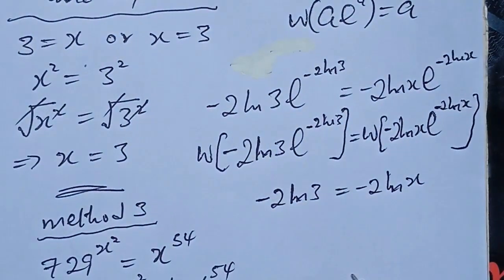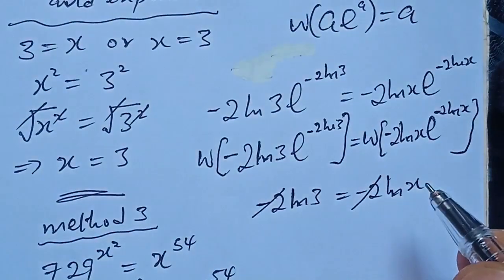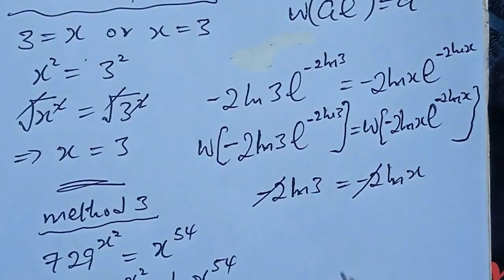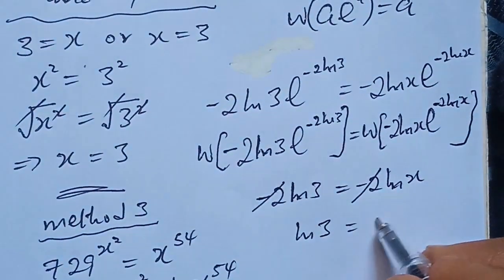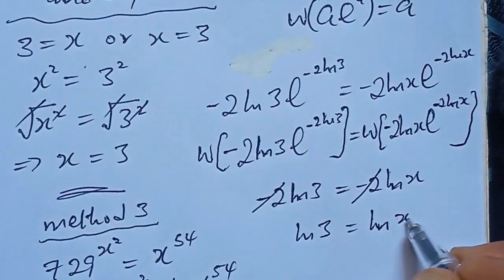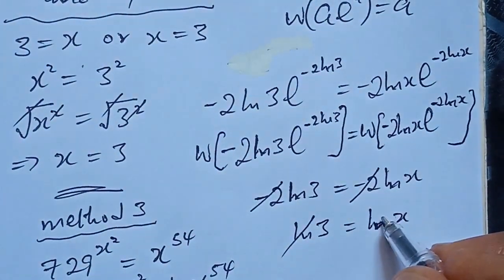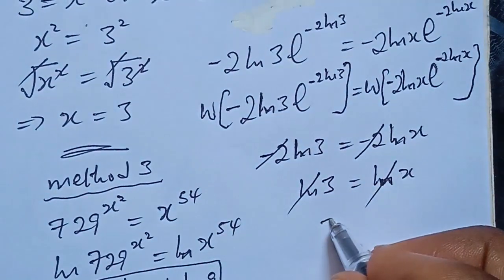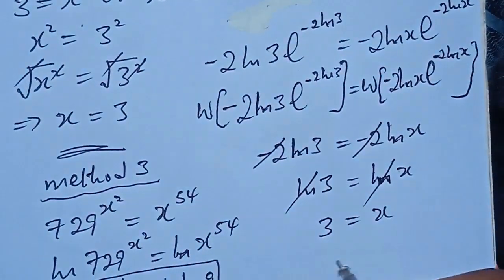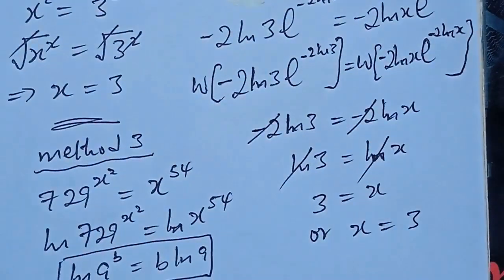Now what we need to do is cancel out this minus 2 from both sides, and we are left with natural log of 3 equal to natural log of x. So we cancel out the natural log, then we have 3 equal to x, or x equal to 3.